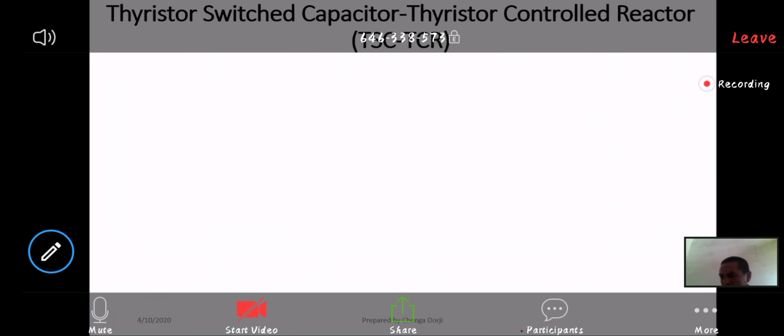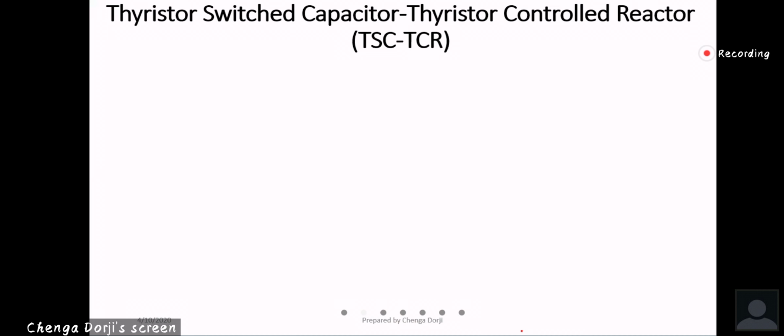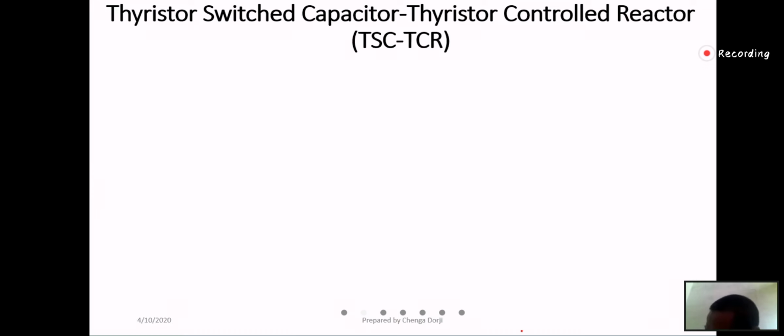Yesterday only I told you, out of three, the third one is most commonly used because of a smaller rating reactor being required. Yes, smaller rating of the reactor is required, which results in less generation of harmonics. So that is why we use this TSC.